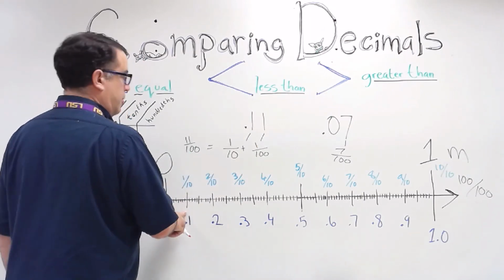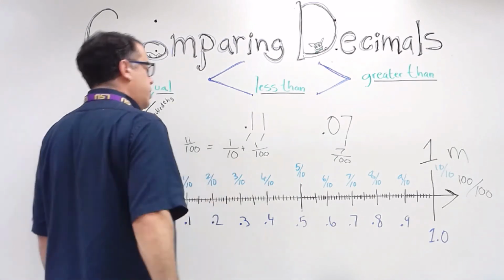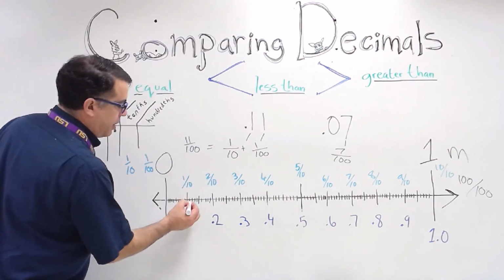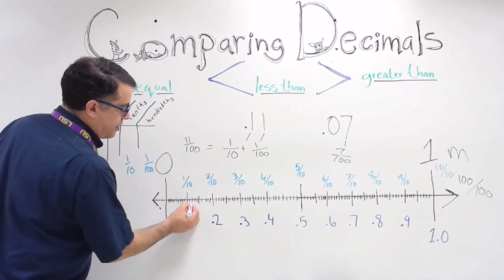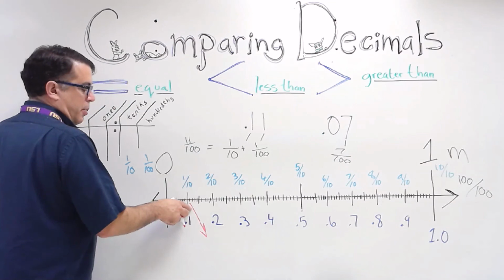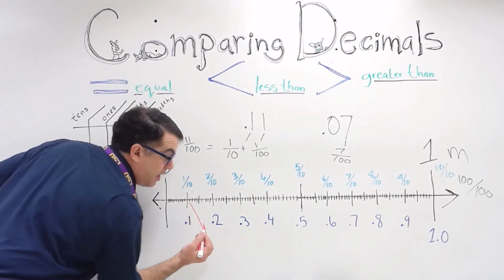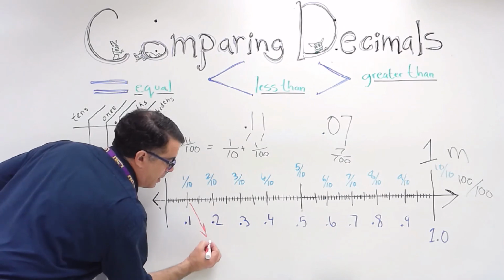Here's 1/10 right here. And then I need to go an extra 1/100. So if I'm looking at it right here, this is where 1/10 plus 1/100 lives. So this is where 0.11 is right there.